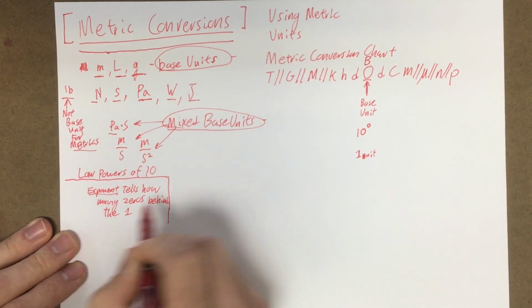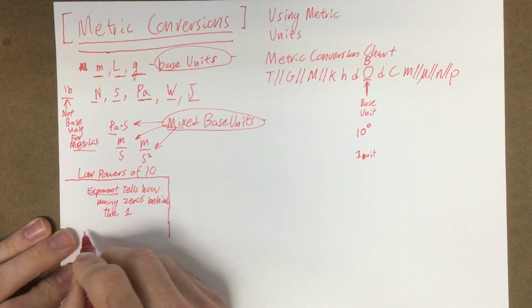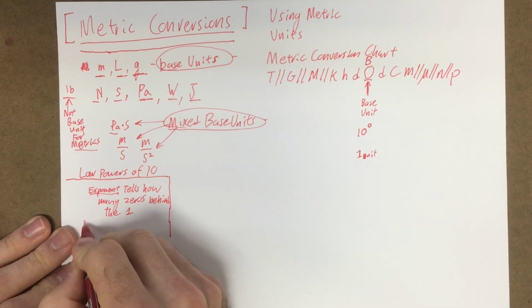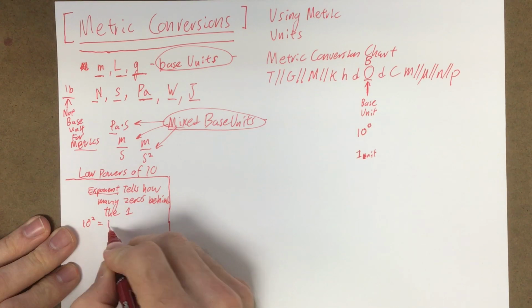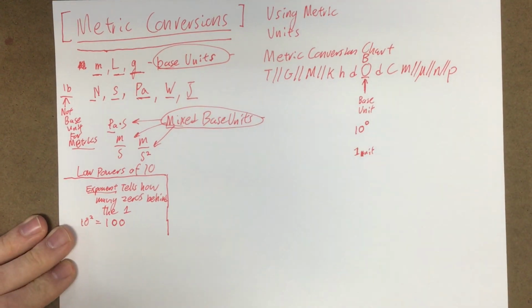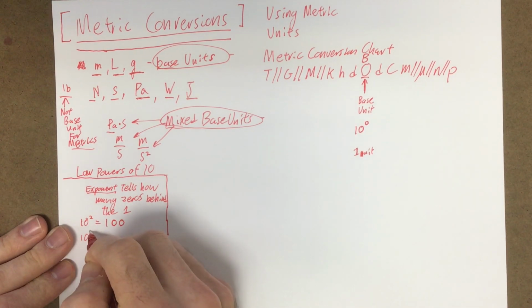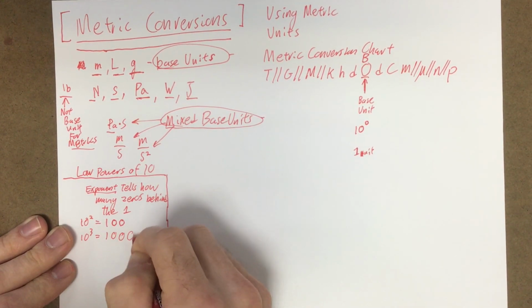Okay, so for our powers of 10, so for example, if I have 10 to the 2nd power, I'm going to have 2 zeros after my 1. 1, 2. If I have 10 to the 3rd power, I'm going to have 3 zeros behind my 1.